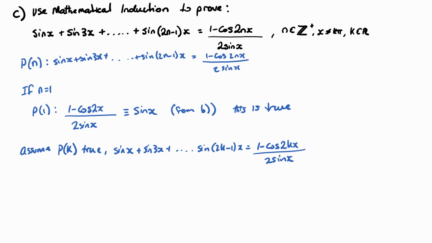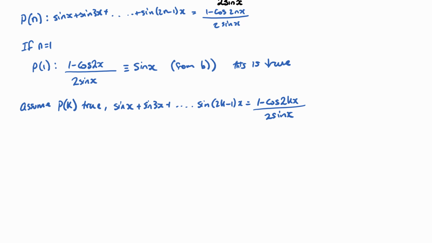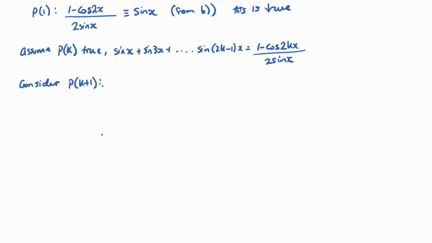Okay, so once we assume that is true, we want to consider P of k plus 1. The goal is if we can get P of k plus 1 to work, then we can say it's true for all of them. So let's go ahead and write, once we've assumed, P of k plus 1.